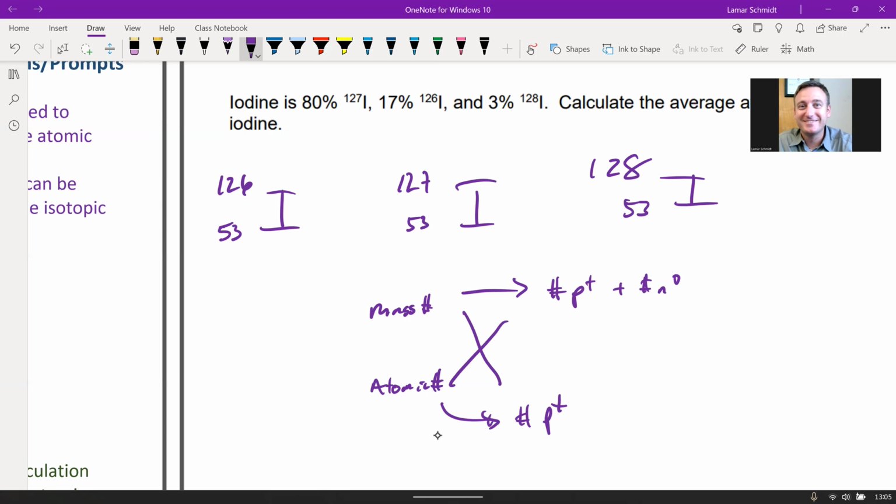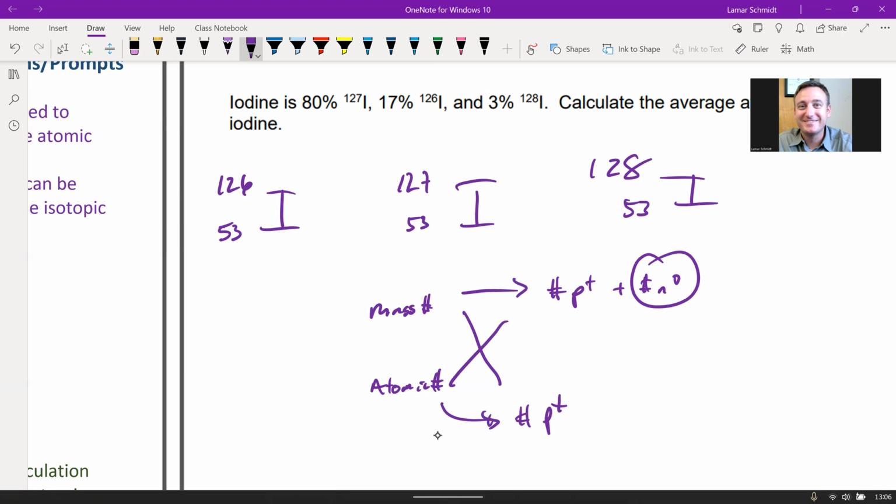But notice they have different mass numbers. The mass number changes not because of the number of protons, but because of the number of neutrons. Do you see that in that equation? Isotopes, once again, are atoms of the same element. These are all isotopes of iodine.